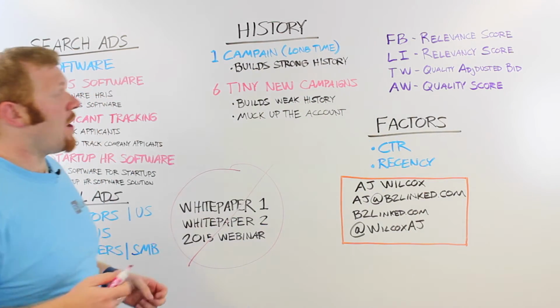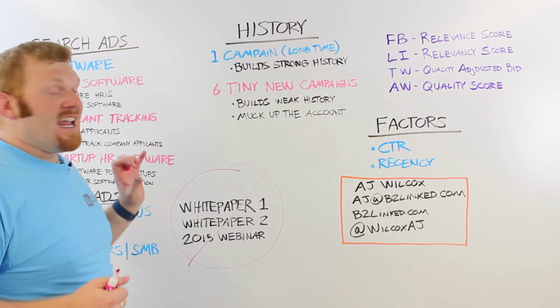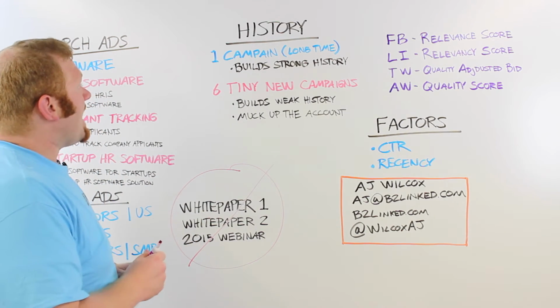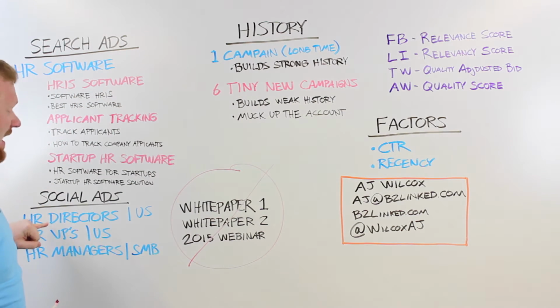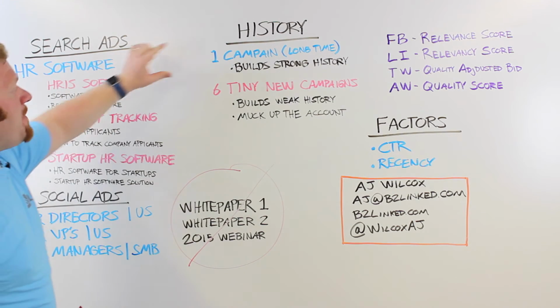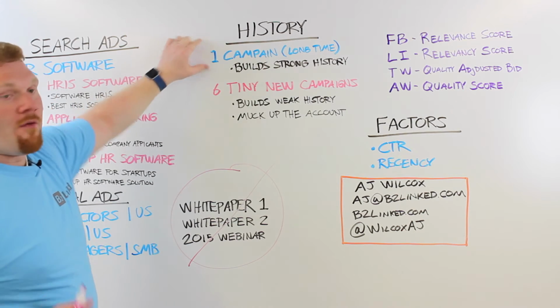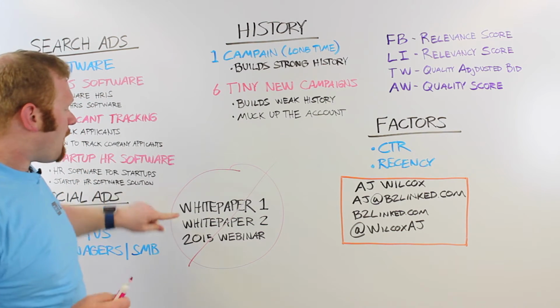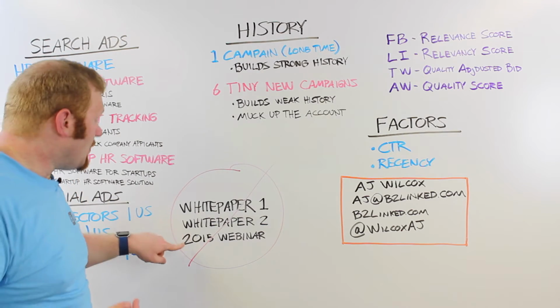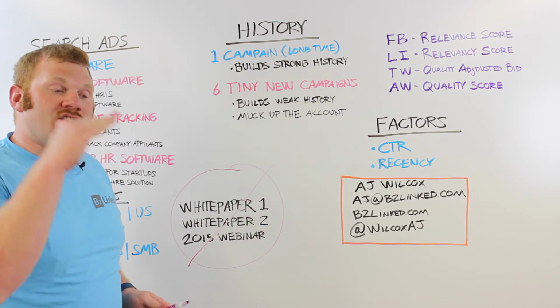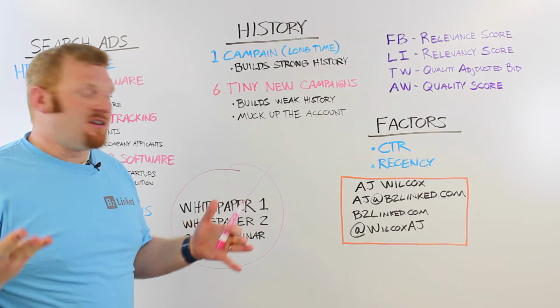The reason why you want to do this is you're building history. If you have one campaign, let's say HR directors in the US, you build it for a long time, and that means you're probably still going to be pushing people to a white paper, maybe White Paper 2, maybe a webinar. What you do is pause the ad that is expired.